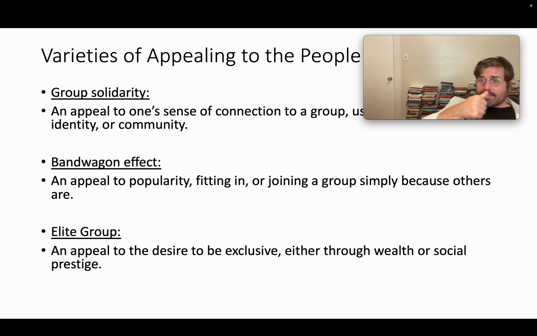Let's say you've graduated from an Ivy League school, right? And there's this effort to say that Ivy League school graduates believe in certain political views, and so you should too, right? So the elite group fallacy there would be the idea that the truth of a certain position is an attribute simply of membership in this perceived elite group, right?